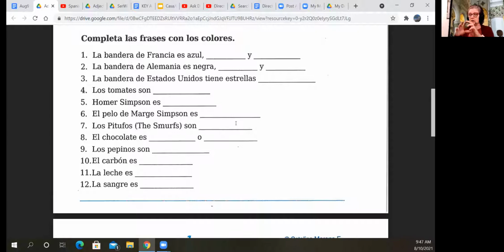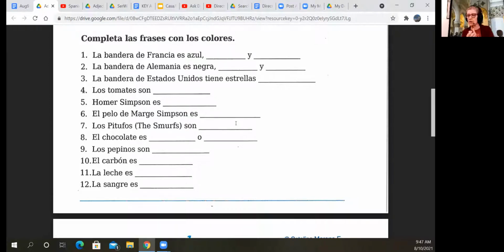Los pepinos. Pepinos are cucumbers. Yeah. Los pepinos son verdes. Now we gotta be plural, right? Because pepinos plural. Los pepinos son verdes. El carbón, coal or charcoal. El carbón es negro.